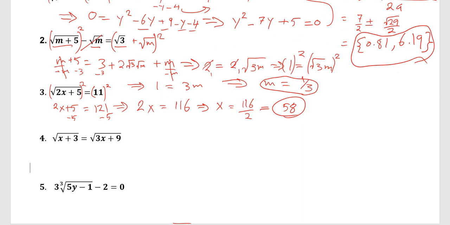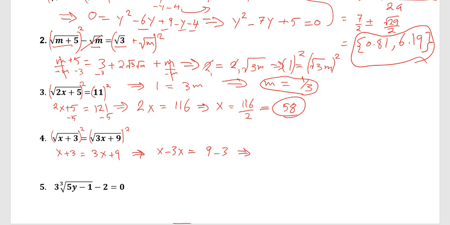Next exercise. Square root of x plus 3 equals the square root of 3x plus 9. Square both sides, and you'll get x plus 3 equals 3x plus 9. Now we can just combine like terms. So we'll have x minus 3x, and then we'll have 9 minus 3.